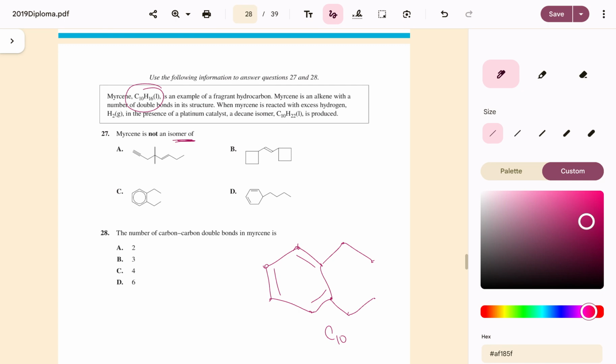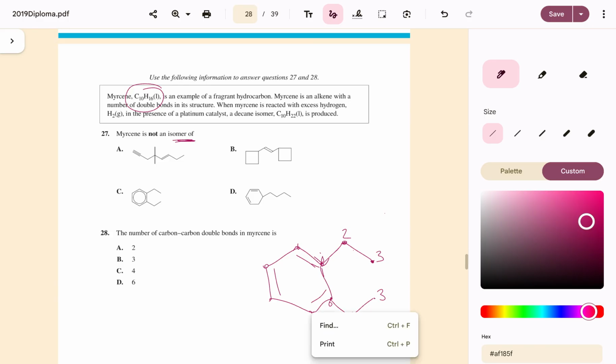But now we want to count our hydrogens. This carbon on the end can bond to 3 other atoms, so there would be 3 here, 3 here. This carbon has 2 lines coming from it. All carbons can have 4 lines, so it has 2, and this one would also have 2. This carbon here has 1, 2, 3, 4 lines, same with this one, so neither of these have any hydrogens.